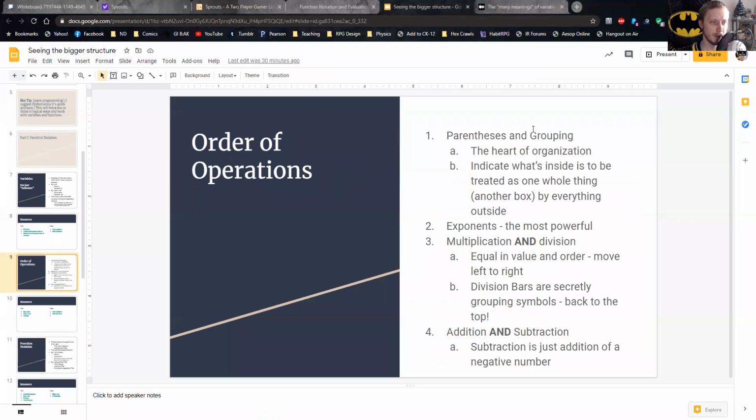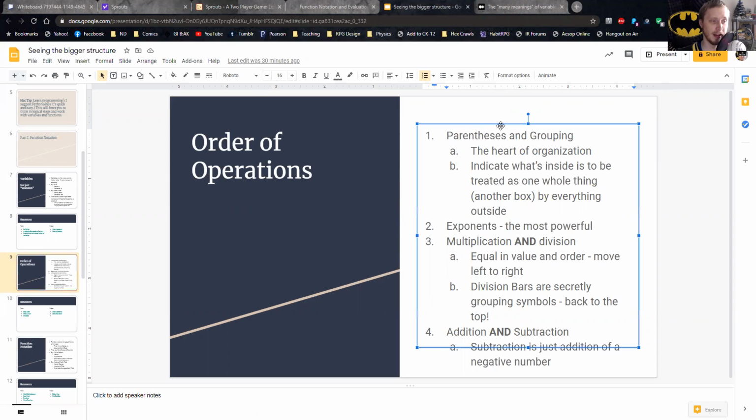All right, next up, order of operations. Okay, once you understand what a variable is, now you need to know how to put them together and how to manipulate them correctly. So order of operations comes into play. And the most important is parentheses and grouping, what they are doing, because they are what is creating a structure around the mathematical expressions and the operations involved, right?